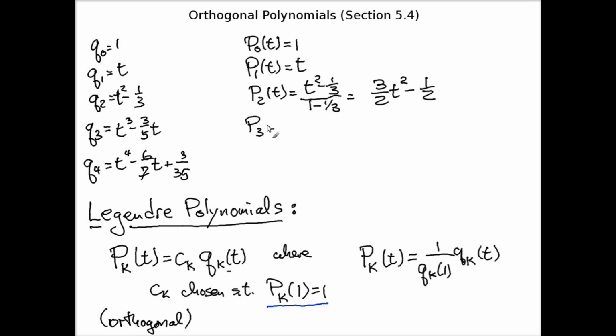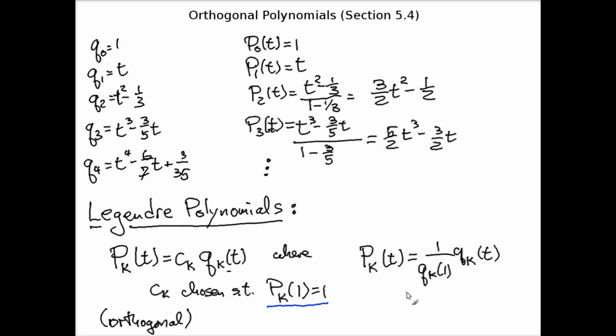And p3 of t is equal to t cubed minus 3/5 t over 1 minus 3/5. And that is to say the constant is 5/2. 5/2 t cubed minus 3/2 t, and so on.